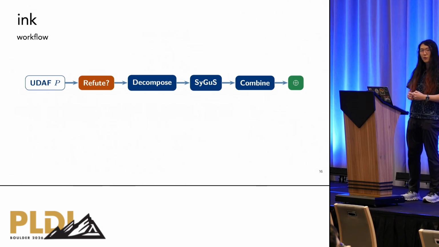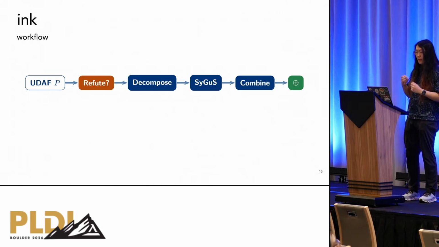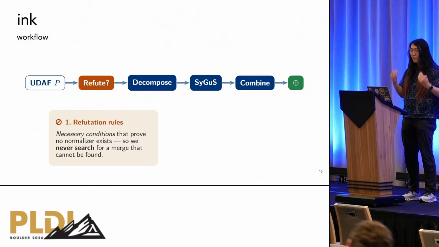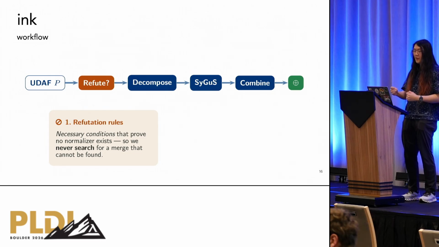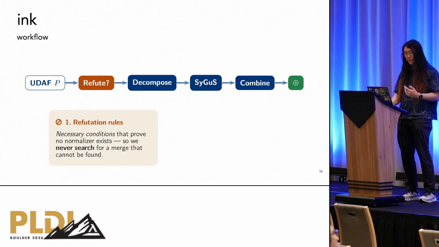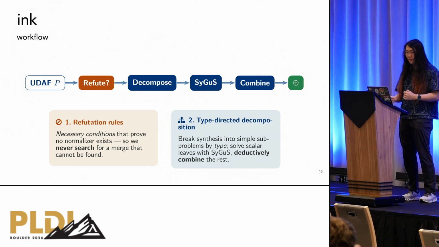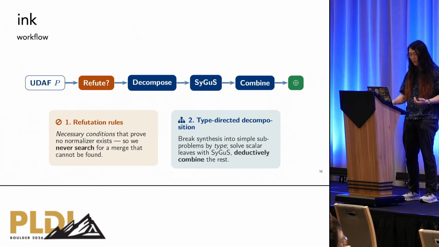So we designed our tool inc such that it will take an input UDF-P, and then use a series of proof rules to refute the existence of a merge function at first. And then to make synthesis tractable, we use type-directed decomposition to break down the synthesis problem into simple subproblems.